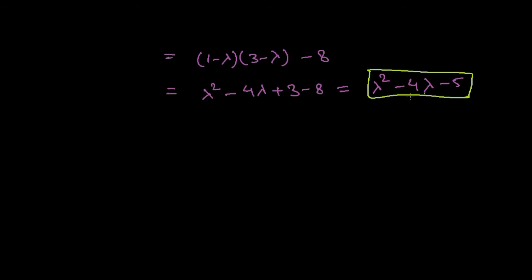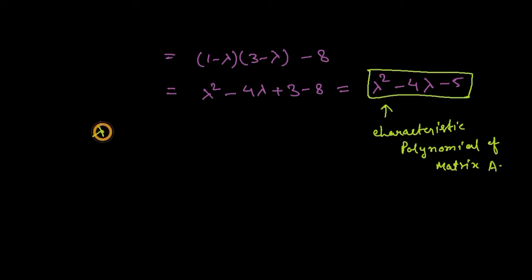After finding the characteristic polynomial, you need to find its roots. To find the roots of lambda square minus 4 lambda minus 5, we equate it to 0 and solve this equation for the values of lambda.